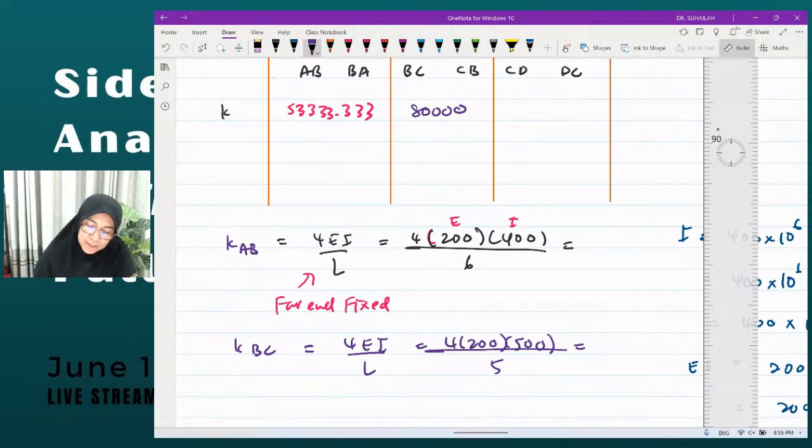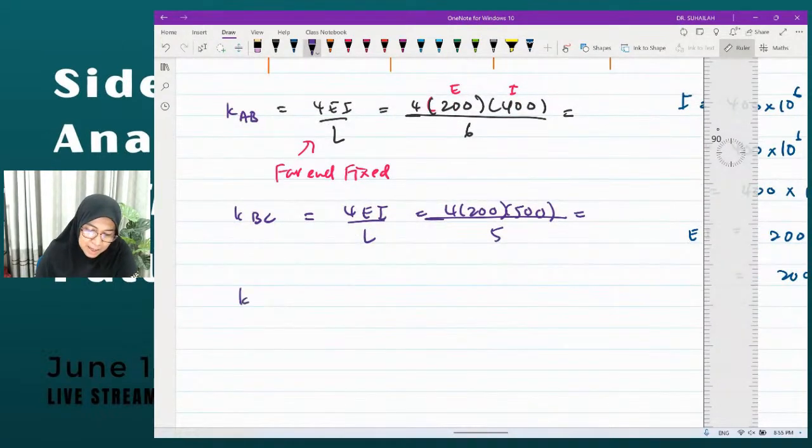Okay, next we calculate KCD. D is pin, so the far end is pin.